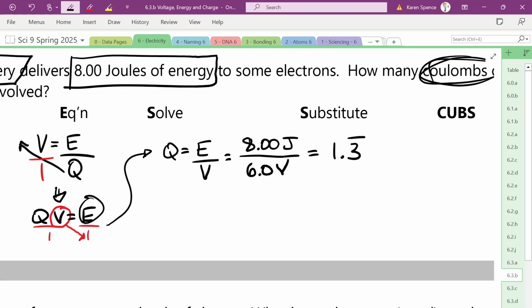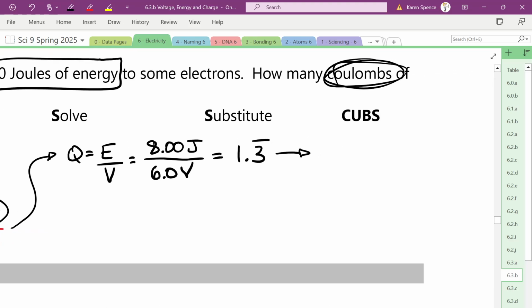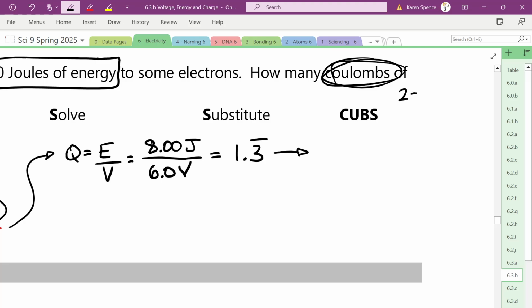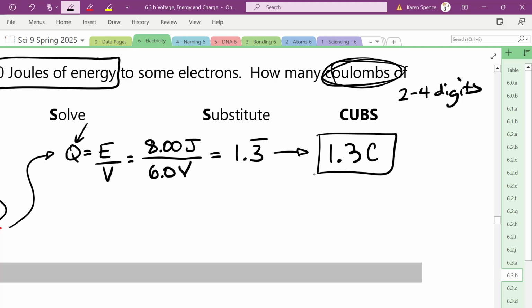If you're not interested in sig figs, you would stop at a reasonable number of digits. Remember, a reasonable number of digits is 2 to 4 digits. So you could choose 1.3. And the unit of charge is coulombs, so 1.3 coulombs. Or you could say, I want 3 digits, because that's in the 2 to 4 digit range. You could say 1.33 coulombs.